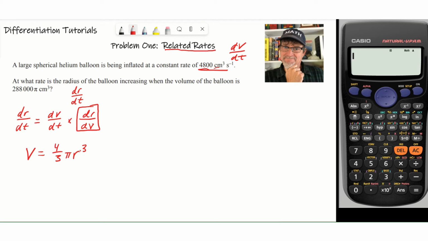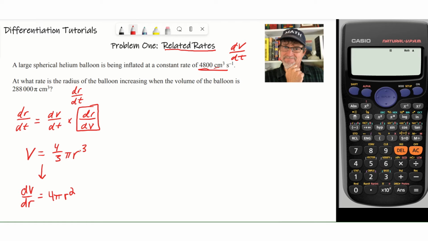So we would call that dV/dr equals, and this is just the power rule. So I'm going to take my power and multiply by the coefficient. So it's 3 times 4 pi over 3. That's going to give me 4 pi. And then I'm going to reduce the power by 1. So my derivative there is 4 pi r squared.